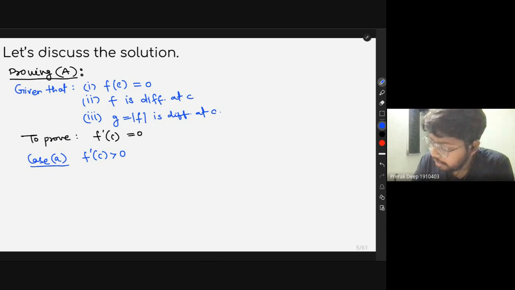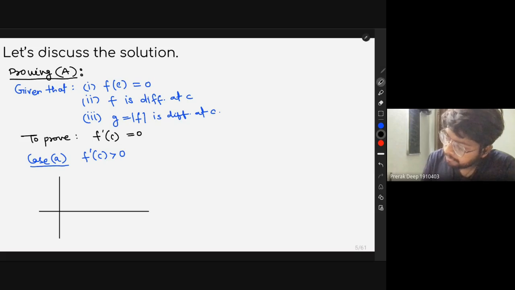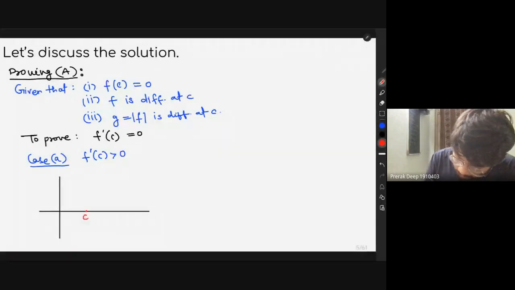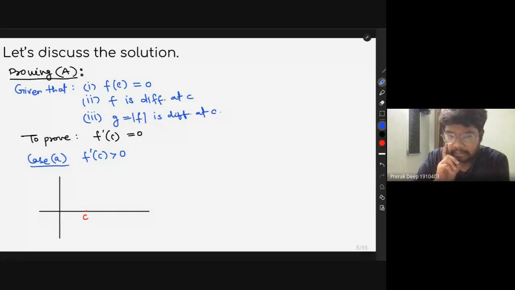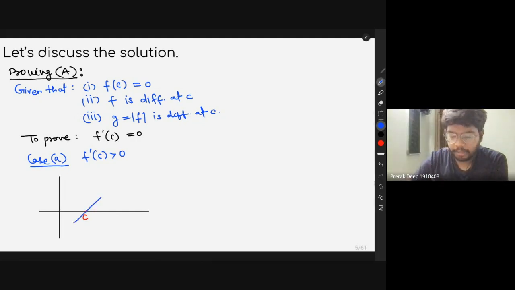If I draw the graph near the point c, since it is given that at c the slope of the function f is positive, positive slope means it needs to locally be like this, something like this.